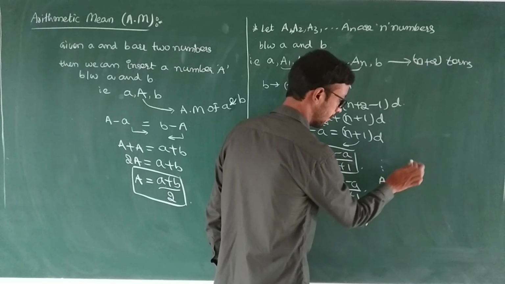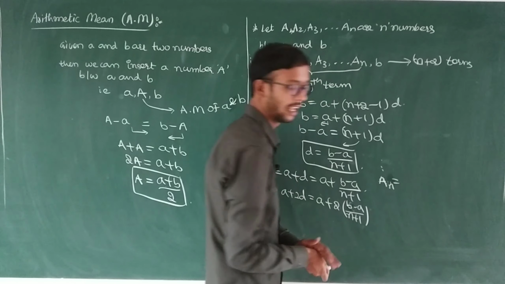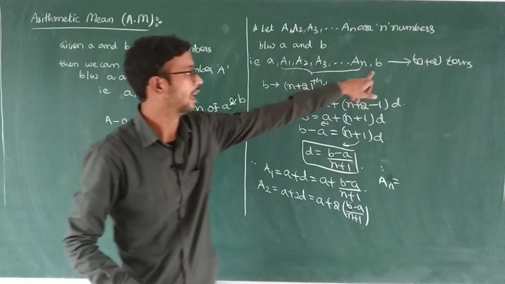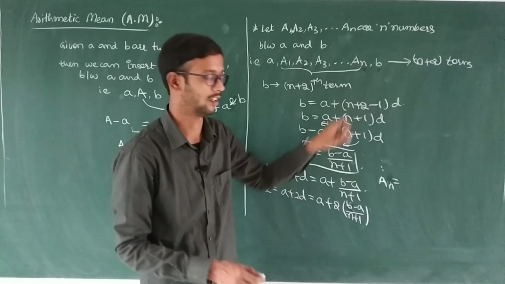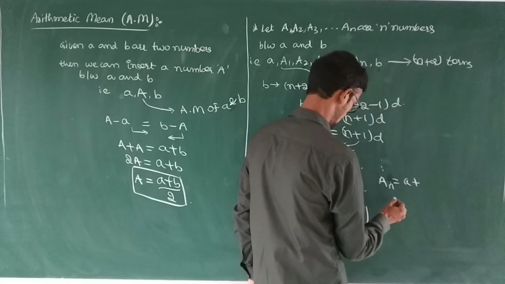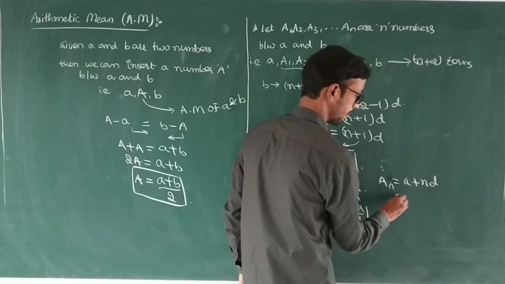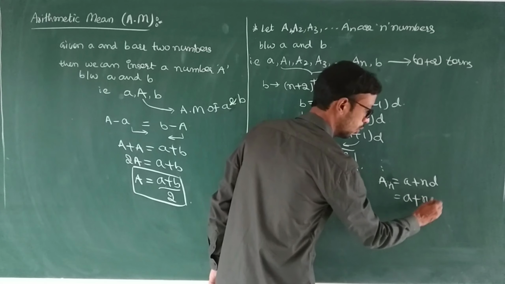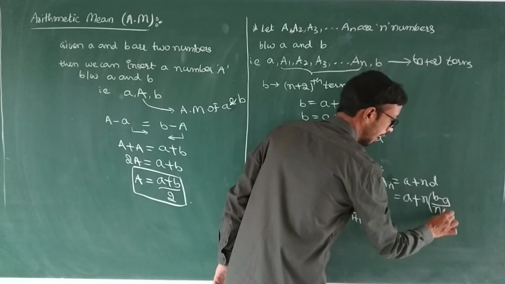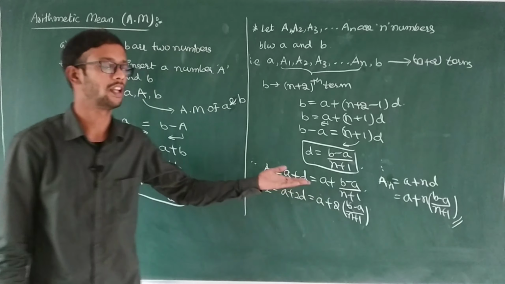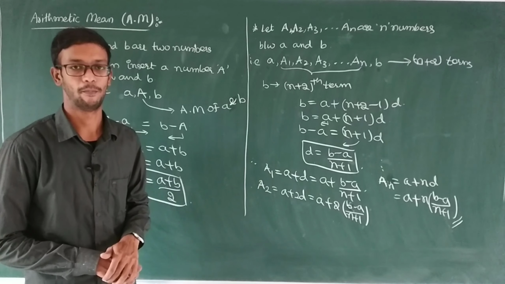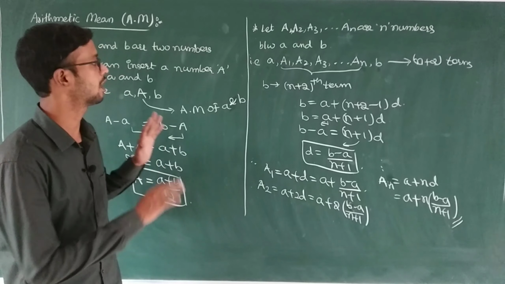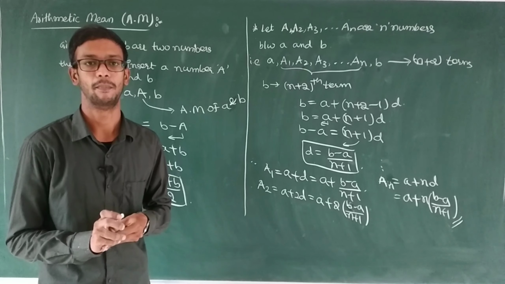An is what here? This is the n plus 2th term, so this is the n plus 1th term. So the n plus 1th term is A plus n into (B minus A) by (n plus 1). So these are the n terms between A and B, which formulas we use in problem solving time also. So this is the concept of arithmetic mean.